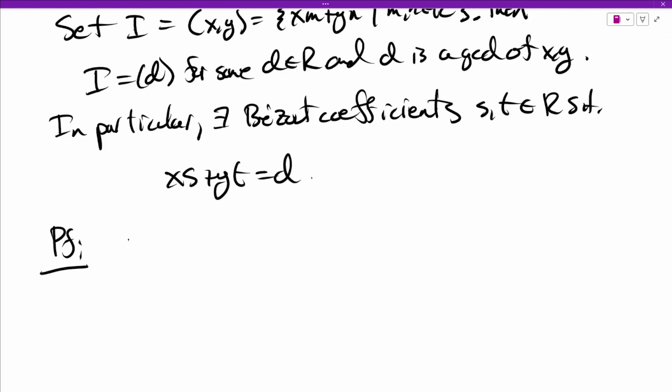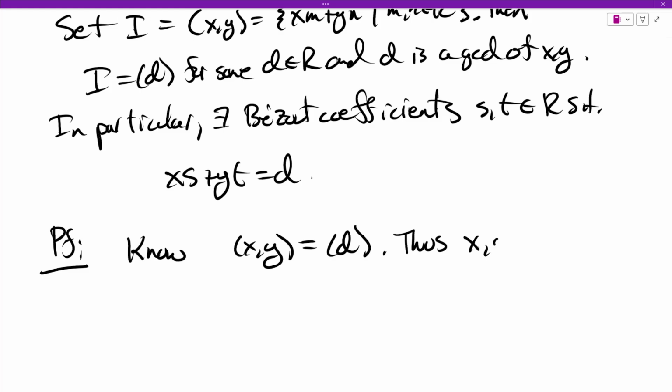All right, so we know that the ideal generated by x and y is the same as the ideal generated by d. This tells us that x and y are in the ideal generated by d, because x and y are in the ideal generated by x and y.